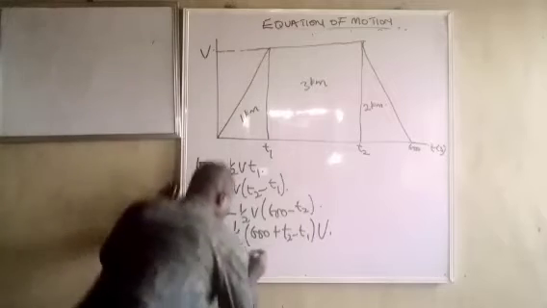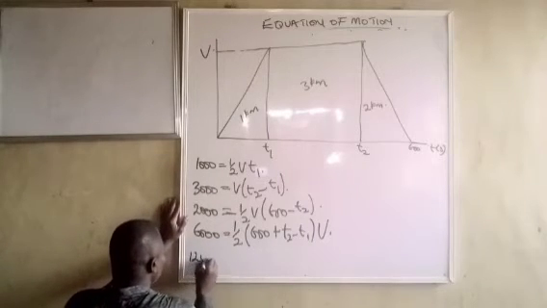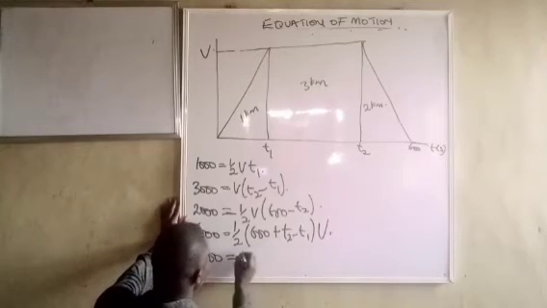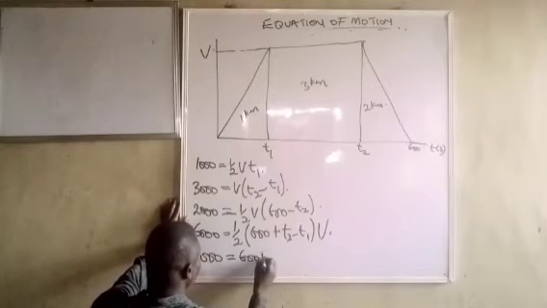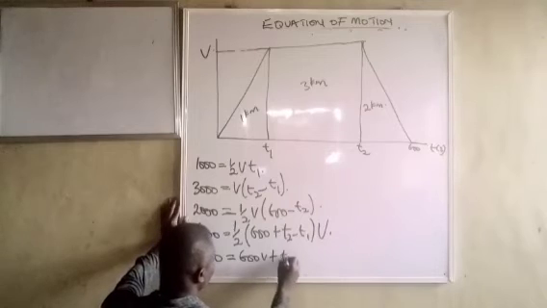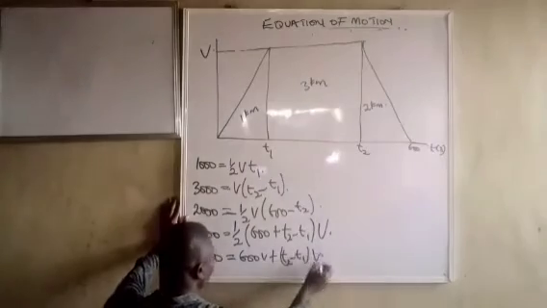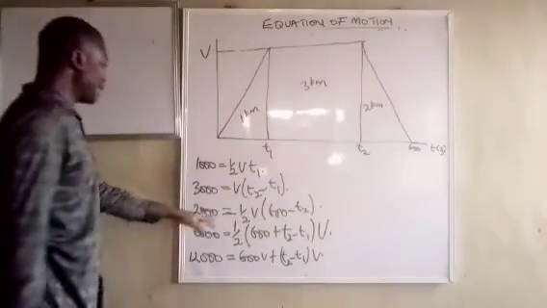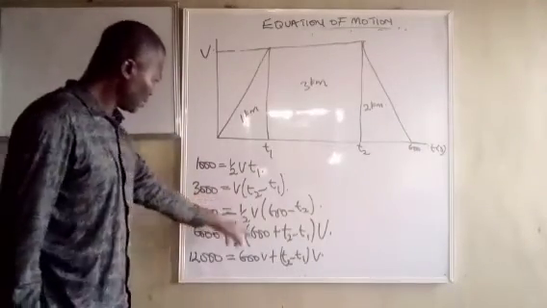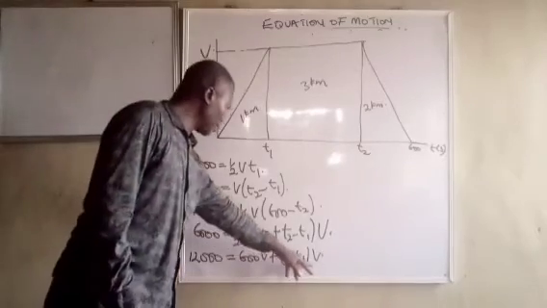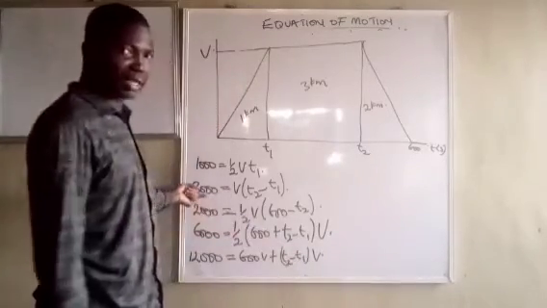So I'm going to have 12,000 is equal to 600V plus T2 minus T1 into V. And if you look at this, T2 minus T1 into V is equal to 3,000.